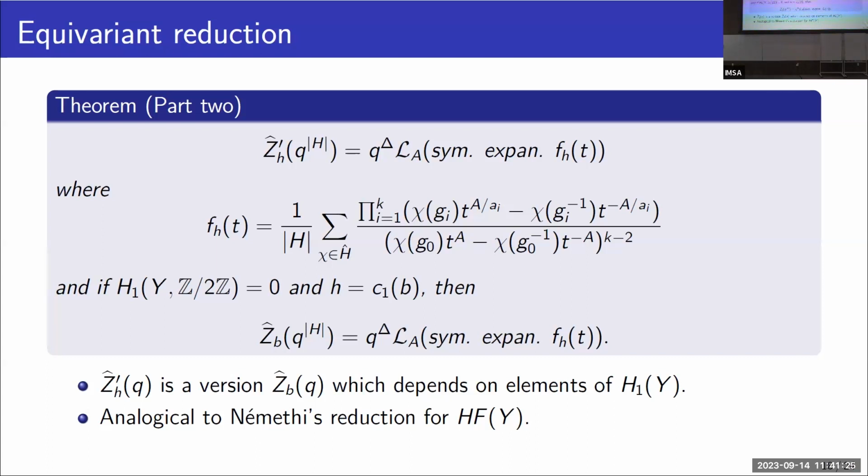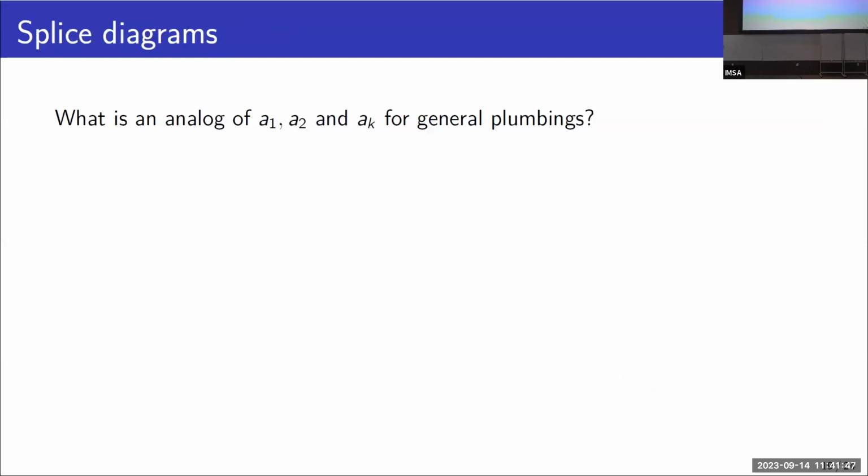And I want to say that this is analogous to theorems of Nemethi for other invariants like Seiberg-Witten invariants or Heegaard Floer. So we call it a reduction theorem because it reduces the number of variables, or the number of vertices, to just one important vertex.